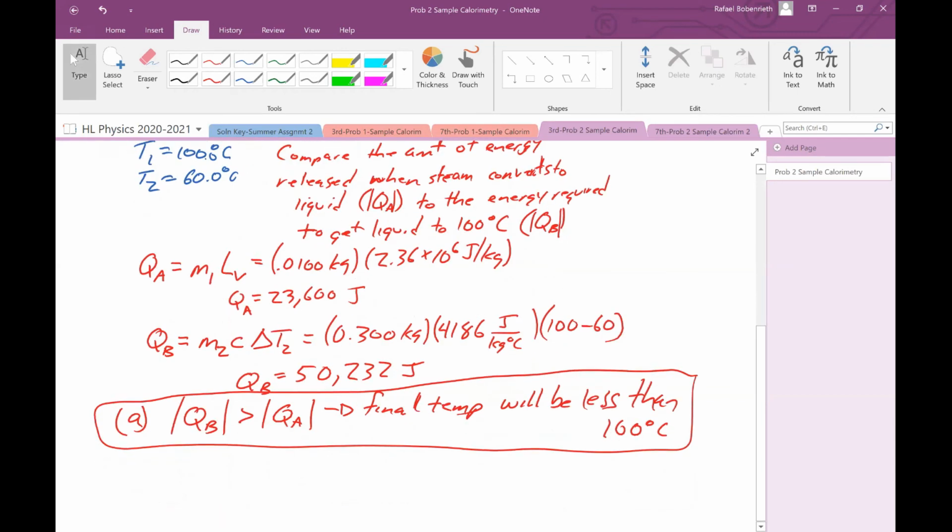Well, if you think about it, we learned from part A that the steam is going to get all the way to be liquid water, and then it's going to keep cooling down, right? So all the liquid water you had, the 300 grams, none of that's converting to steam because it doesn't get to 100 degrees. And in fact, all of the steam gets converted to liquid water.